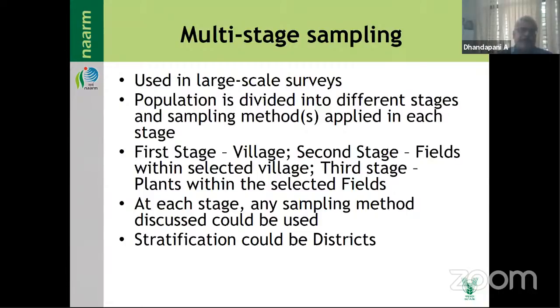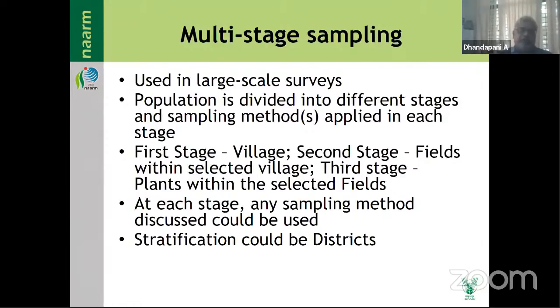The idea is that if I want to apply any of these probability sampling schemes, I need a frame only for villages. The list of villages can be collected quickly. Once you have selected certain villages, you need the list of all fields within that selected village. Again, it may not be available, but now you have only a few villages.